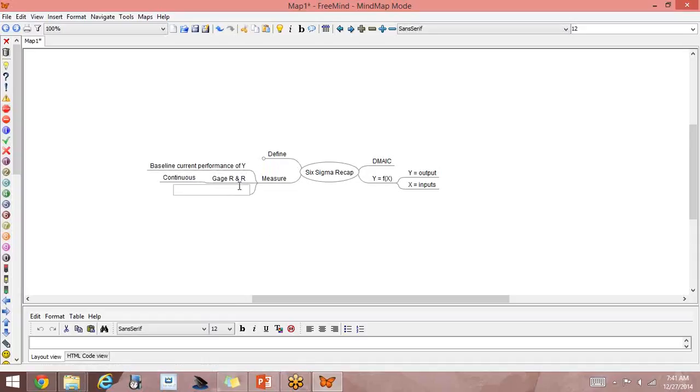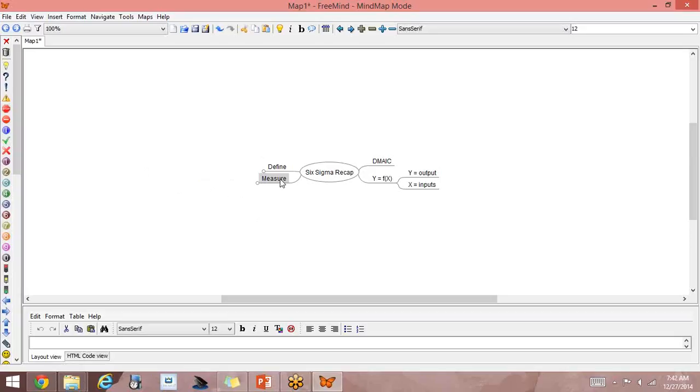If it is discrete data, we do attribute agreement analysis. The only thing that you need to remember is that wherever the values are greater than 90%, you can straight away accept that measurement system as being very concrete, very robust. If the values are between 70 and 90, you accept it, but you do so cautiously. If it is less than 70%, then you straight away reject it.